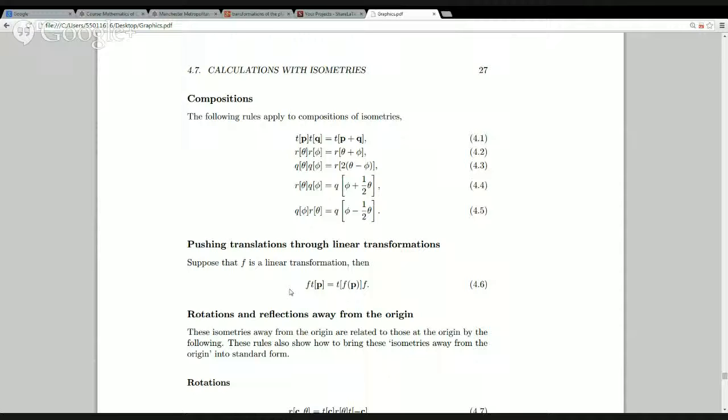Let's just look at the rotation one here. This is equation 4.7.